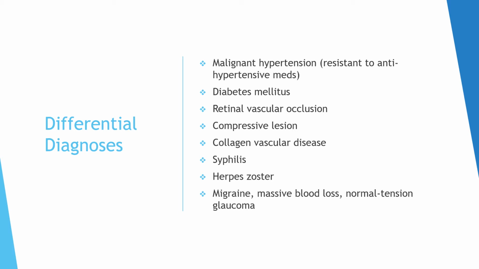Systemically, there can be migraine or massive blood loss that can cause these symptoms, and also normal tension glaucoma can present with decreased vision or constricted visual fields in the late stage.